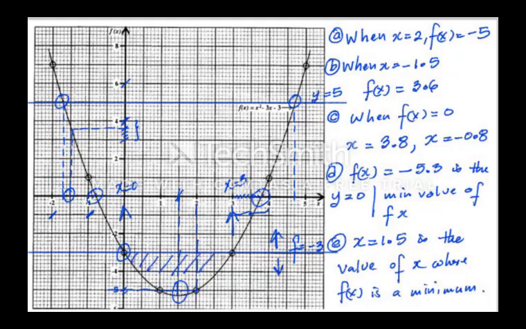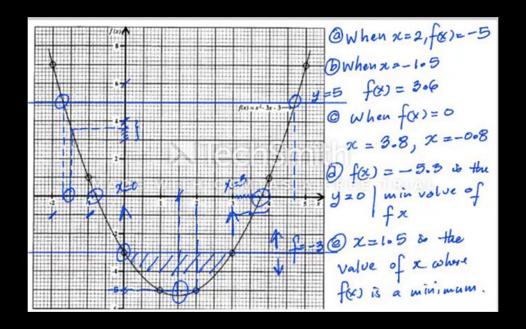These are the domain values for the section of the graph where f of x is less than -3. Between x is equal to 0 and x is equal to 3 are the values of x for which the graph is below, for which f of x is less than -3.